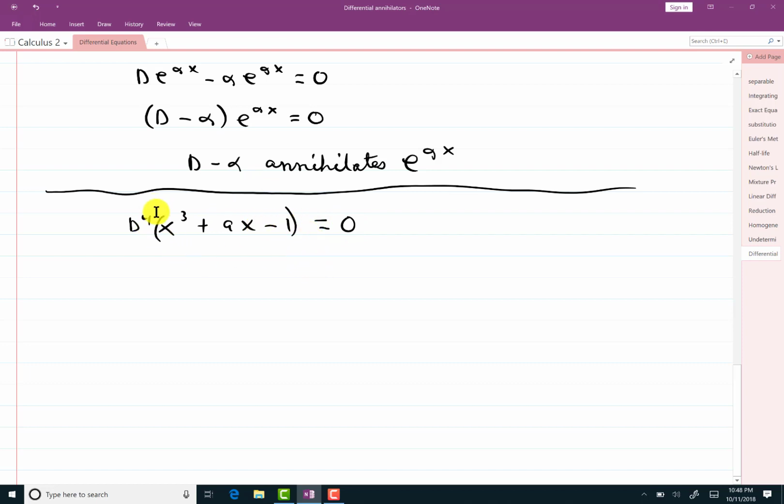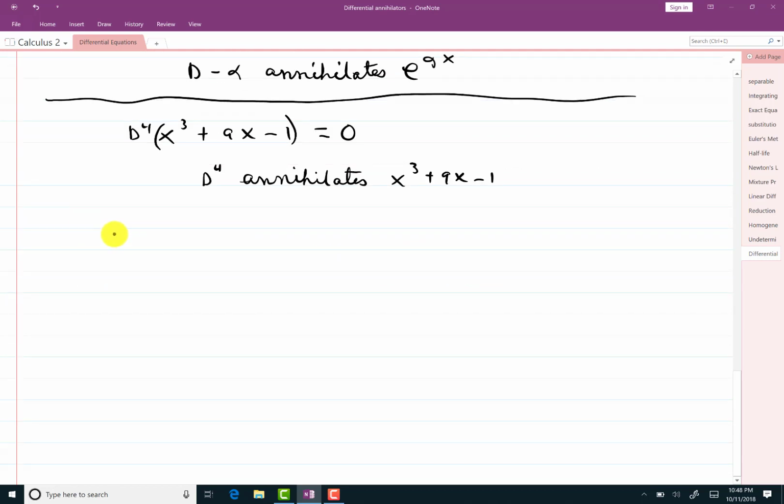So you can see that d to the fourth will annihilate it. You could even say d to the n plus 1 annihilates any kind of a polynomial up to degree n.